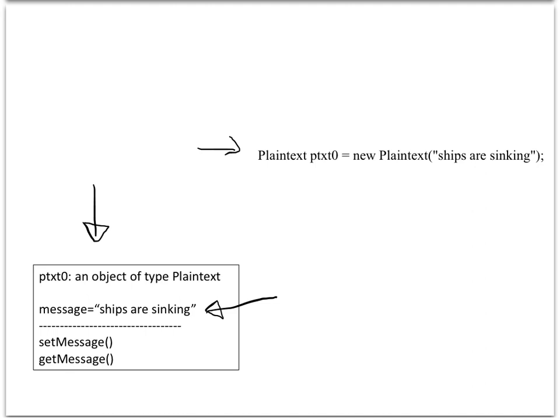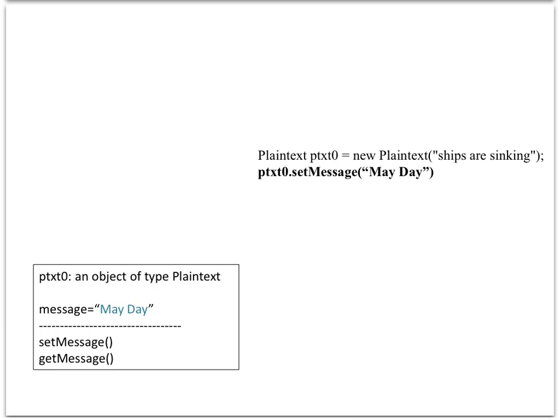Now I'm adding a new instruction, which is this. In this instruction, I am calling the set message method, and I'm sending a string as an argument. It will change the content of the message variable from shifts are syncing to Mayday, and you can see the effect here.